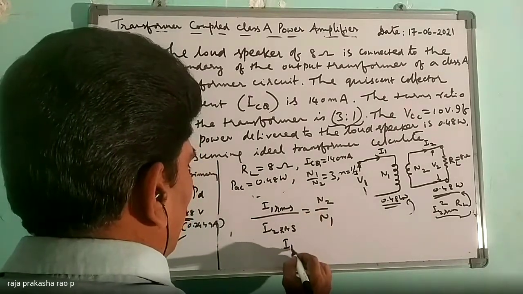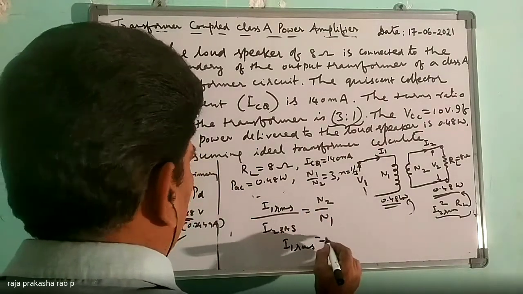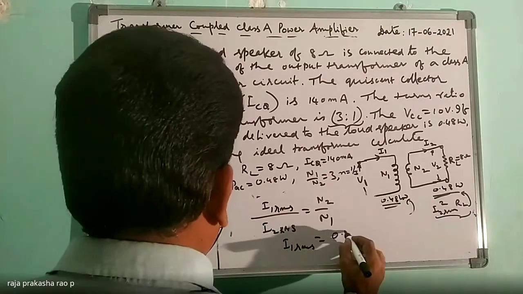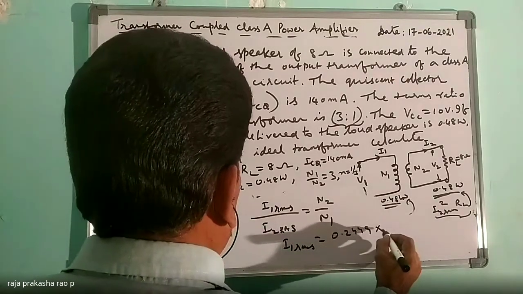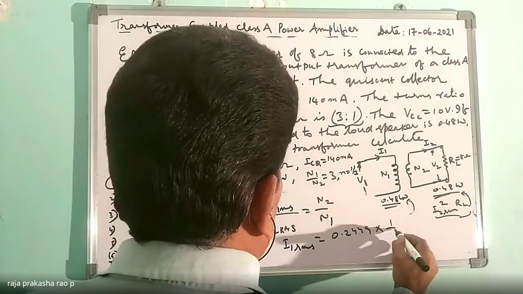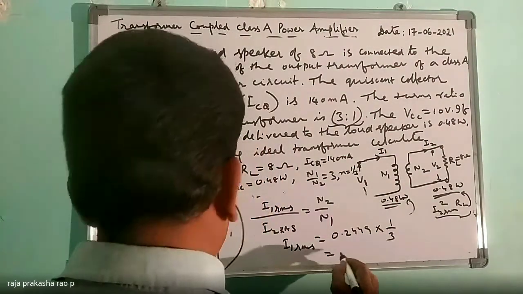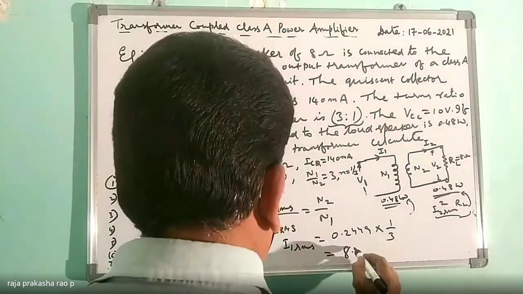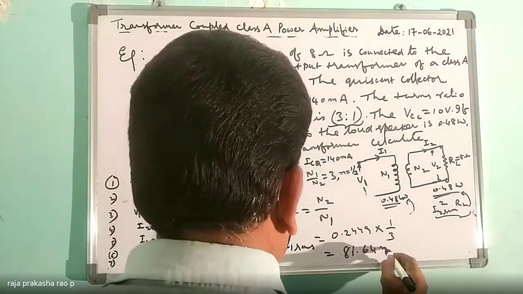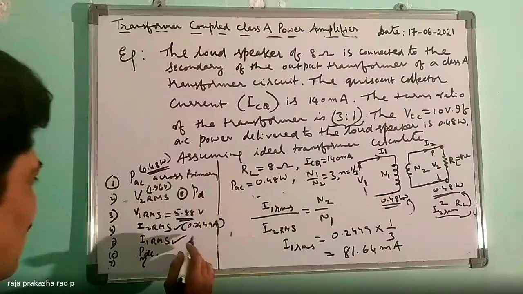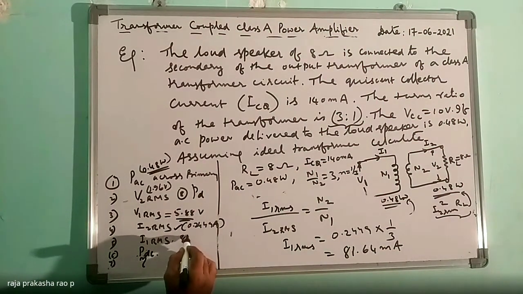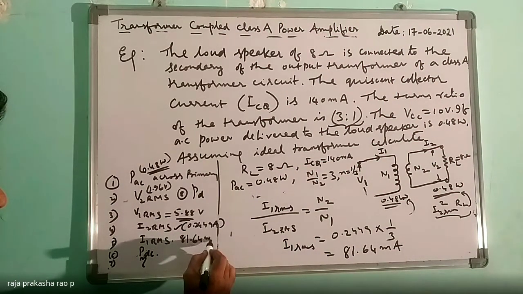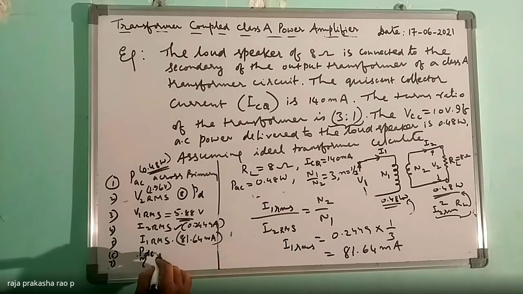So I1 RMS is equal to 0.2449 into N2 by N1, which is 1 by 3, which is equal to 81.64 milliamps. So I1 RMS is 81.64 milliamps.